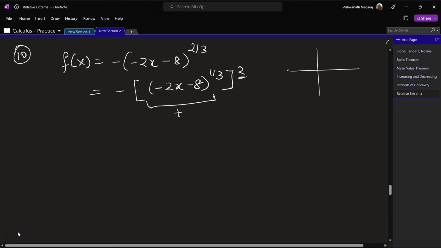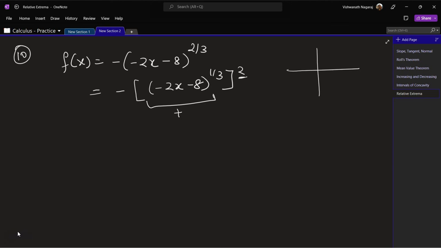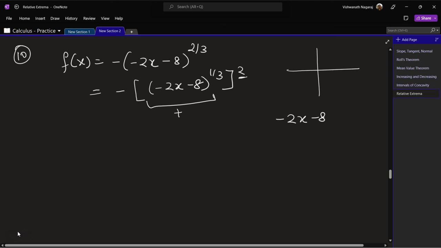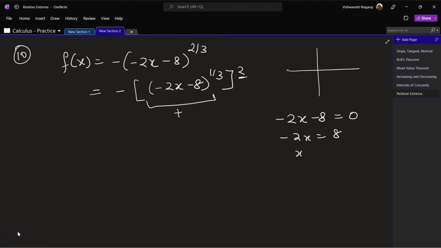So where exactly will its maxima be? Okay, so let's see. Minus 2x minus 8 equal to 0. Minus 2x equal to 8. x is equal to minus 4. So at minus 4, it will be the maximum.